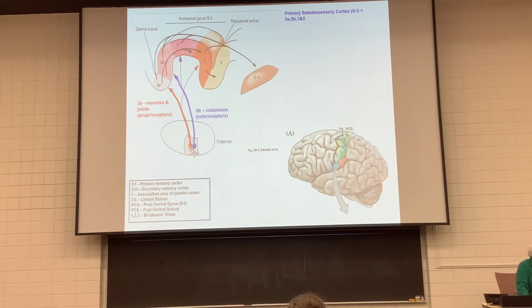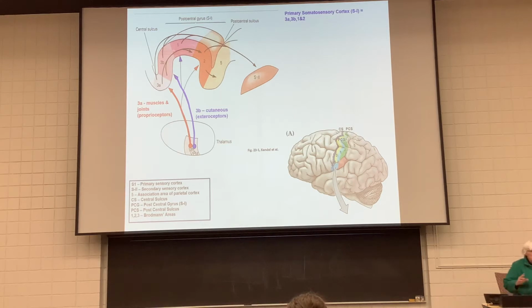When they project to the cortex, it turns out that if information is coming from our muscles, it is going to terminate in area 3A. If it's coming from the skin, from our cutaneous receptors, it terminates in 3B.